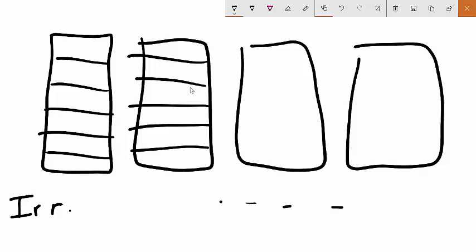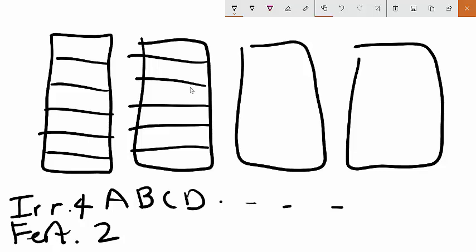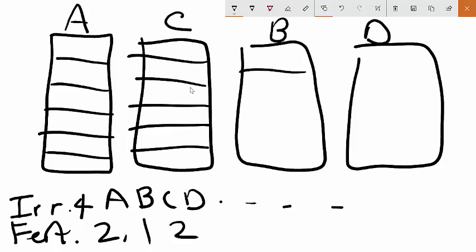So again, with fertilizer we have 2, and with irrigation we have 4. So we'll call these A, B, C, D, and we'll call 1 and 2 the different fertilizers. First you're going to randomly apply the irrigation, so maybe it's A, B, C, D for these blocks.